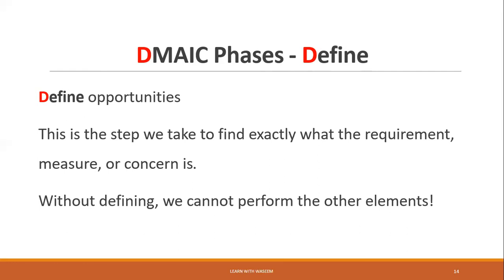If we want to do any project, or if we want to solve any problem, then we have to define the objectives or those projects. We have to define those problems. Okay, and after that we can analyze, and we can control, and we can improve the performances. So define is very important.